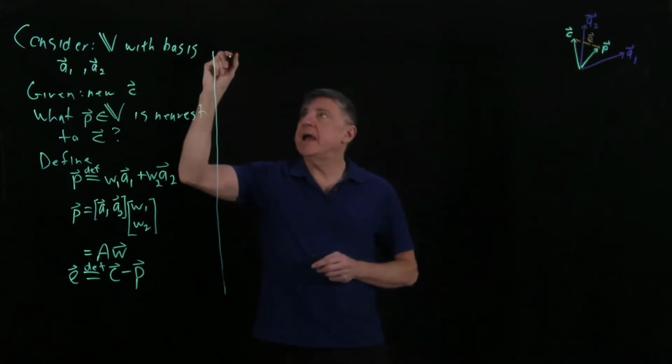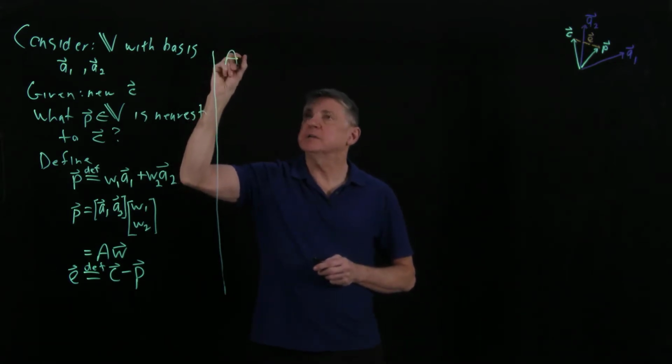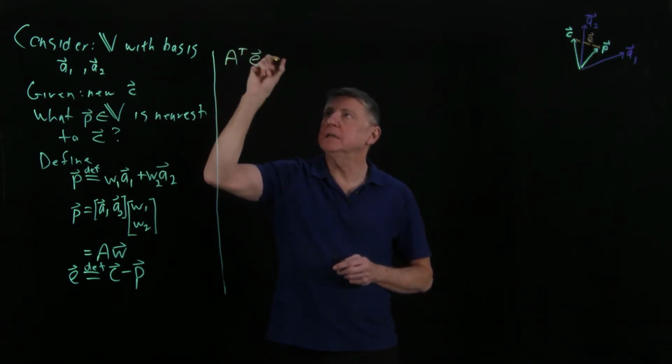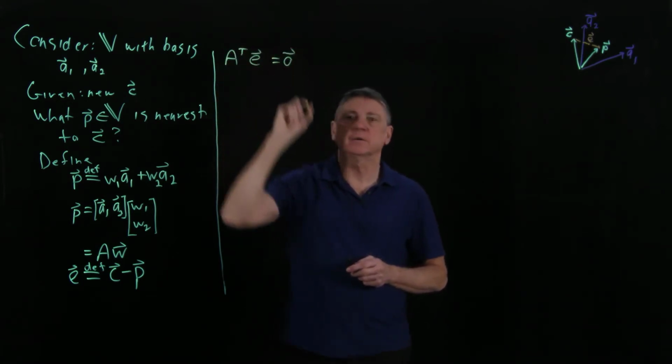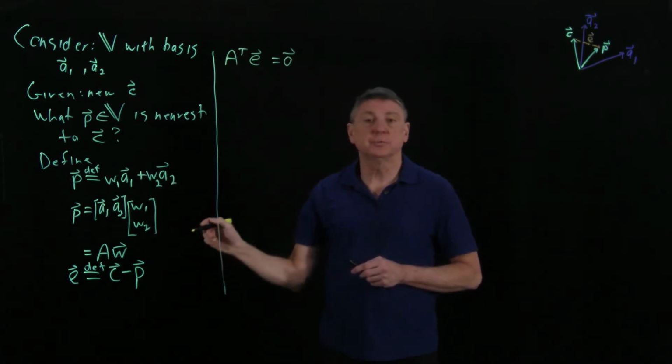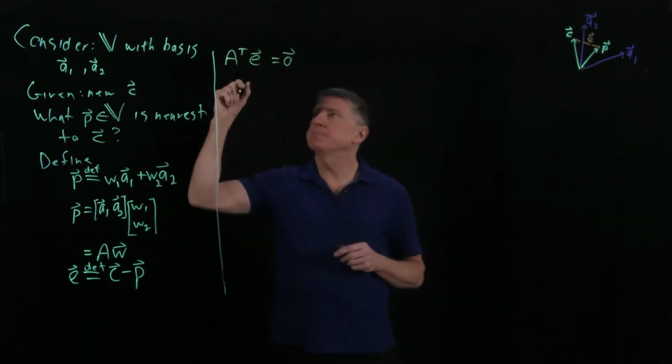And we had a governing equation, which was that A transpose E has to equal the zero vector. Let's now expand this using these terms and solve it.